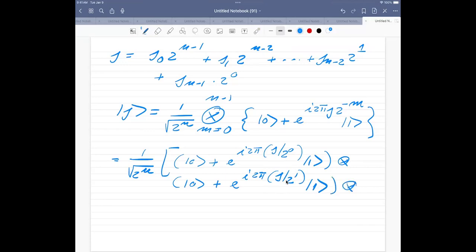And then we have this long, long chain of tensor products. And then we have the final one, which is 0 plus e to the power of i 2 pi, and then we have a j divided by 2 to the power of n minus 1, and this is a 1. And finally, we have the end of the parenthesis here.